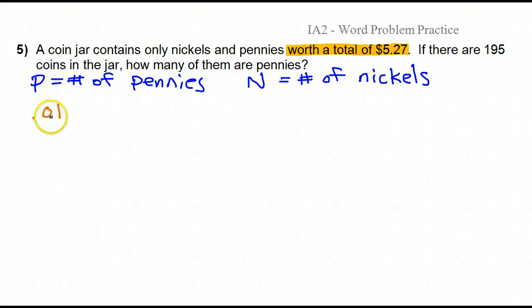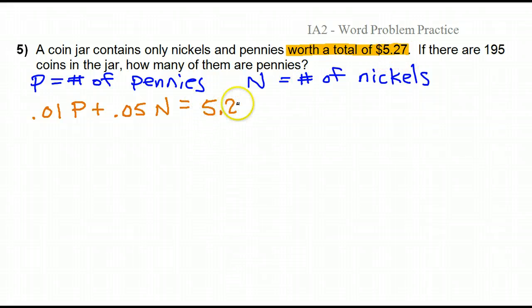We have 1 cent for every penny. A nickel is worth 5 cents, that's $0.05. So 5 cents for every nickel should give us the total amount of money, which is $5.27. So that is the one equation.